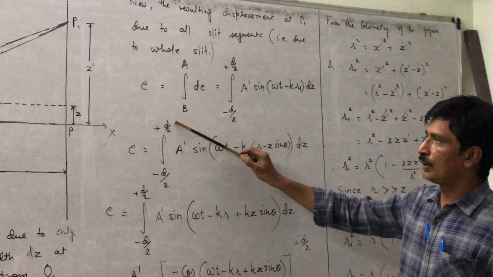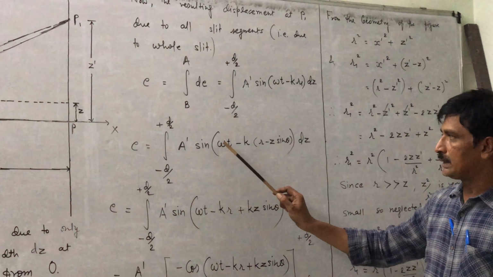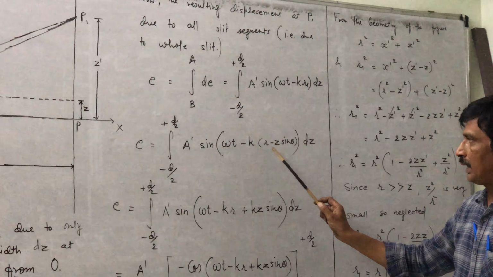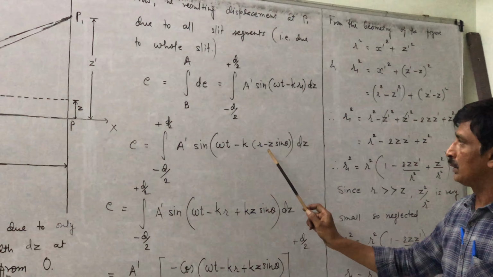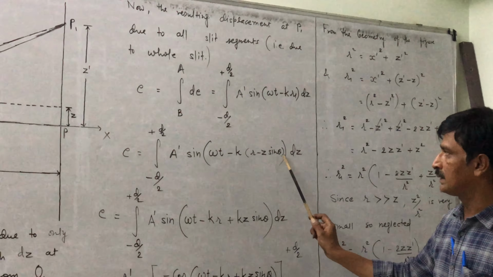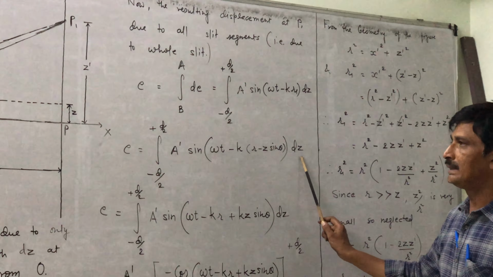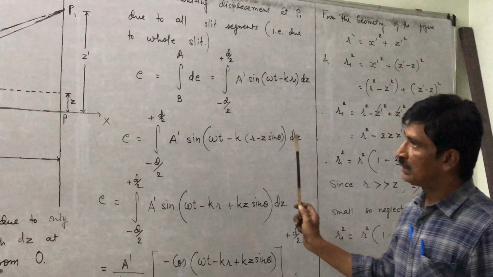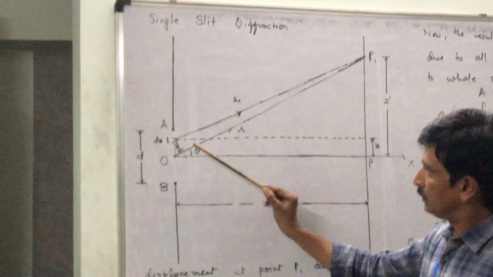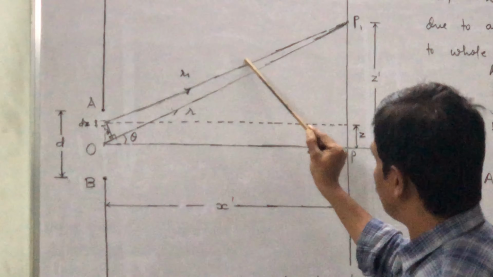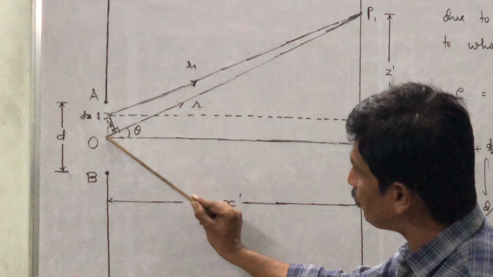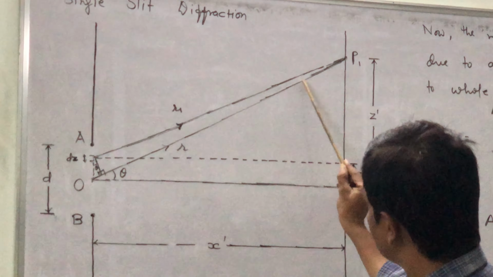So integral from minus d by 2 to plus d by 2 of A dash sin(omega t minus k r1) dz. But r1 is r minus z sin theta. See the figure. This one is r1, and from this point, this one is r.